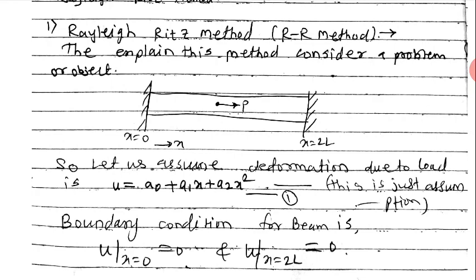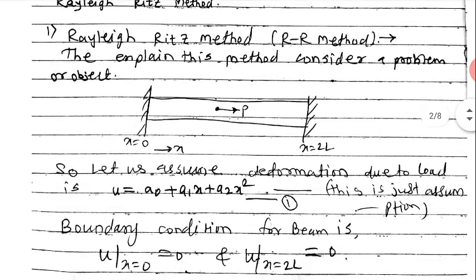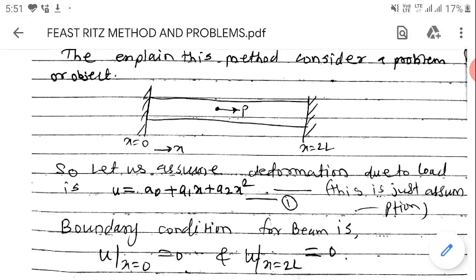We can explain this method by considering a simple problem of a bar fixed at both ends, with a point load of magnitude P acting at the middle of the bar. The boundary conditions are at x is equal to 0 and x is equal to 2L, and the point P is at x is equal to L.